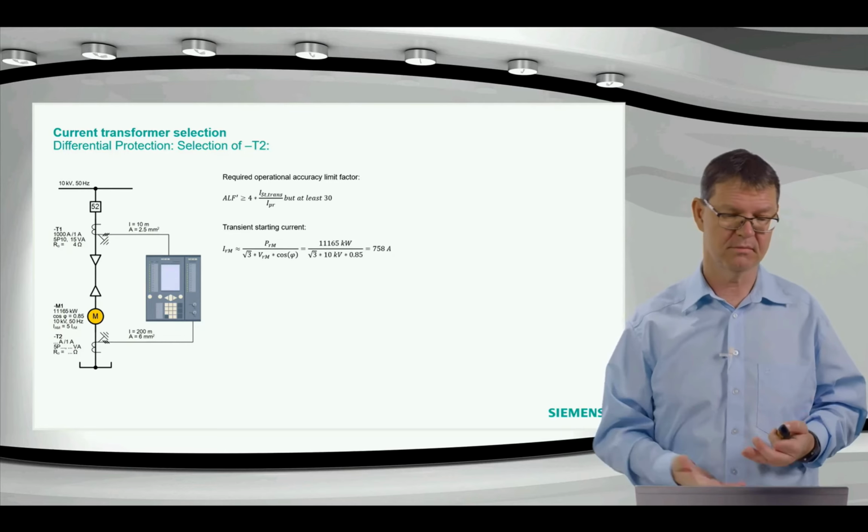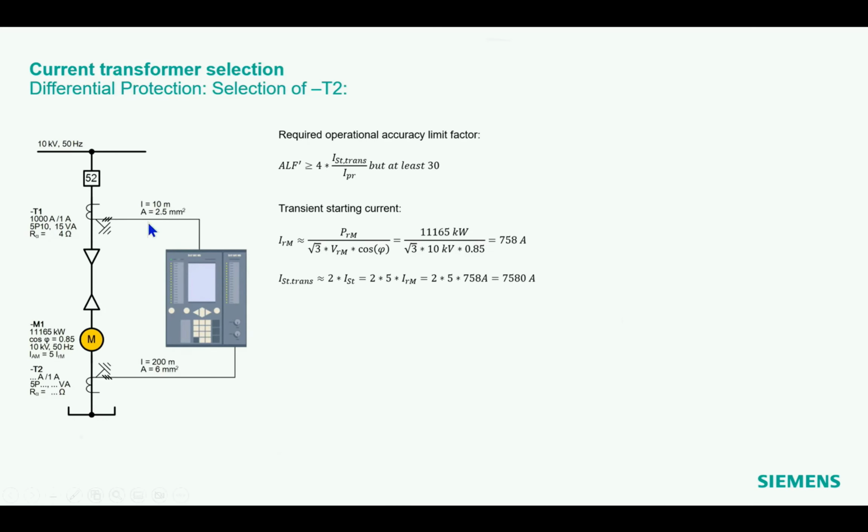Transient starting current, same story as before. I calculate here the nominal current and then have a look. What is given here, it is also 5 times the nominal current is the starting current. And if I don't have better figures, then I take 2. So this value here is between these values is the factor of 10.